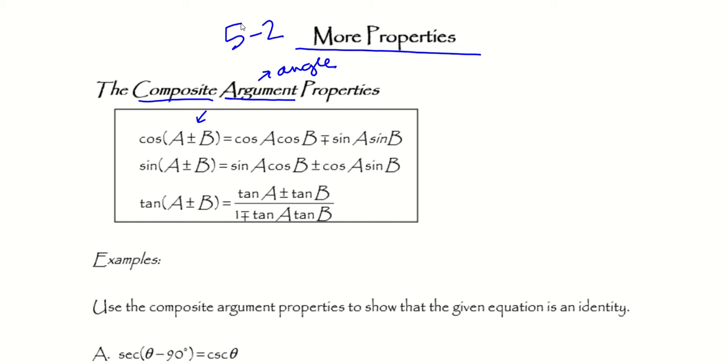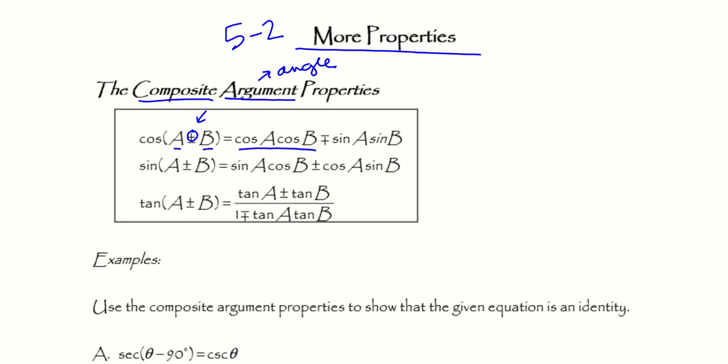The first one says that when we are taking the cosine of 2 angles that are added together, so if I have one angle plus another put inside of the cosine, that's equivalent to taking the cosine of the first angle times the cosine of the second angle.